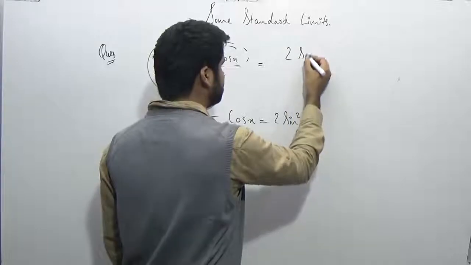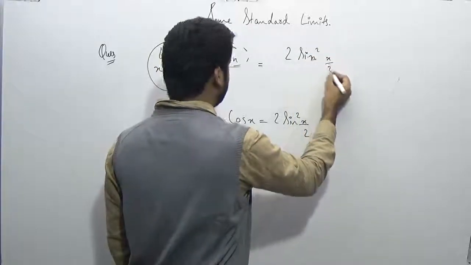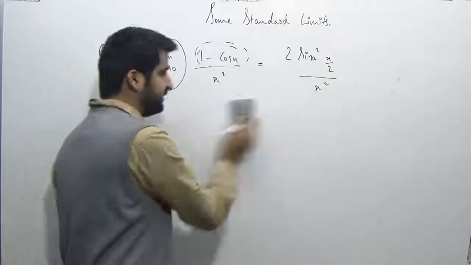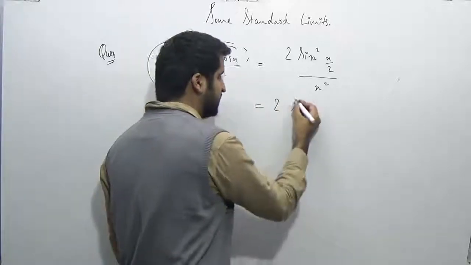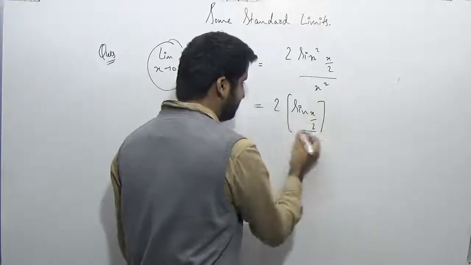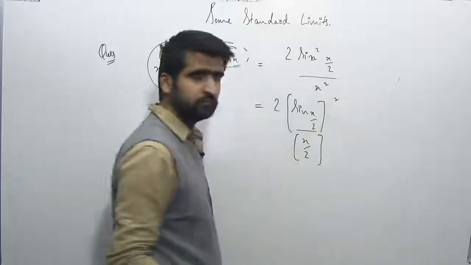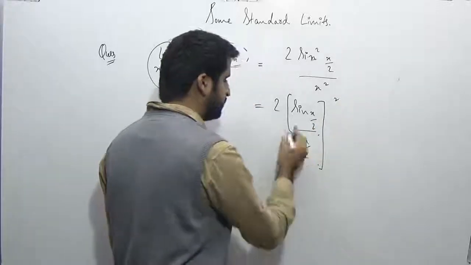So this can be written as 2 sin square x by 2 divided by x square. Now this is the expression we are dealing with. We know that this can be written as sin x by 2 divided by x by 2 whole square.